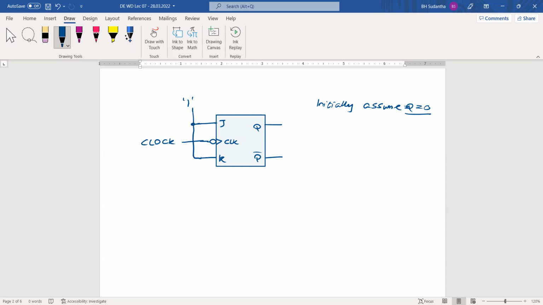Then to see what happens there, you should know the JK flip-flop truth table: 0 0 gives Qn, 0 1 gives 0, 1 0 gives 1, then 1 1 gives Qn bar.